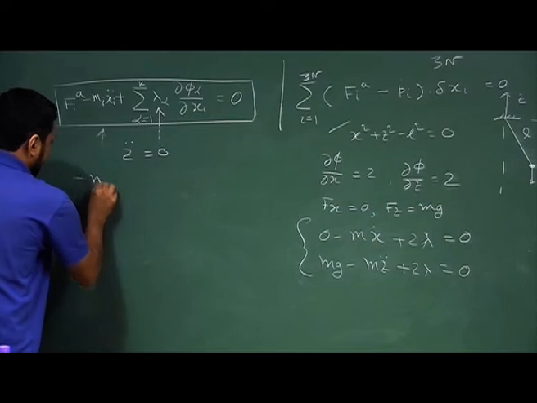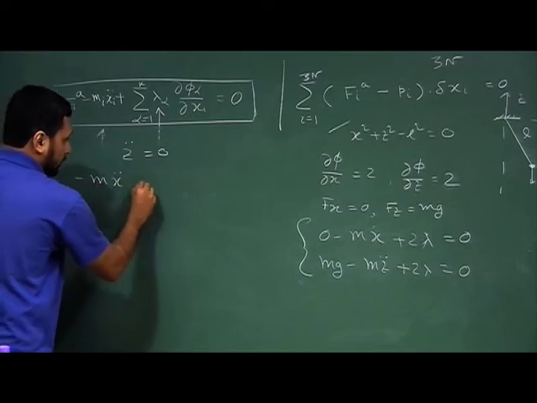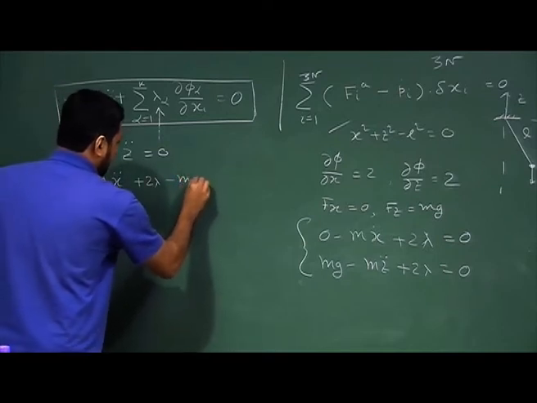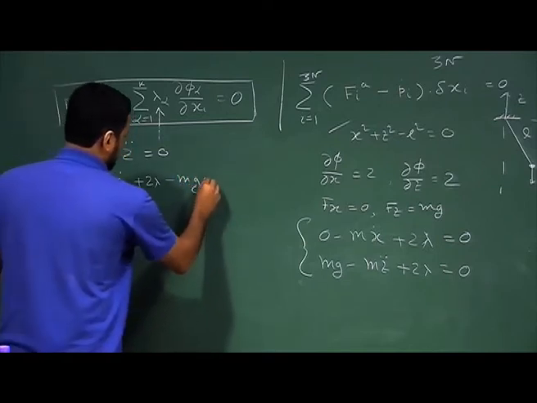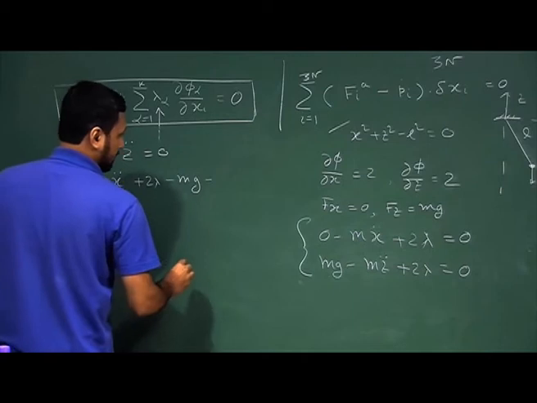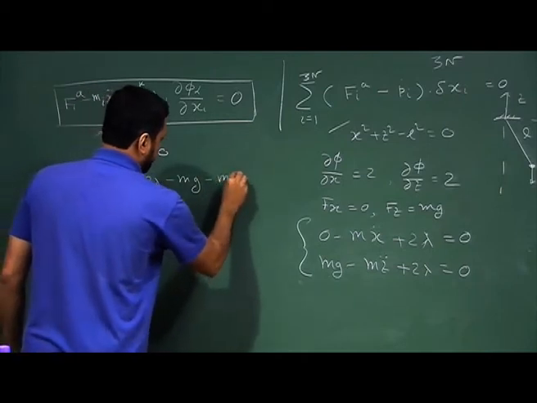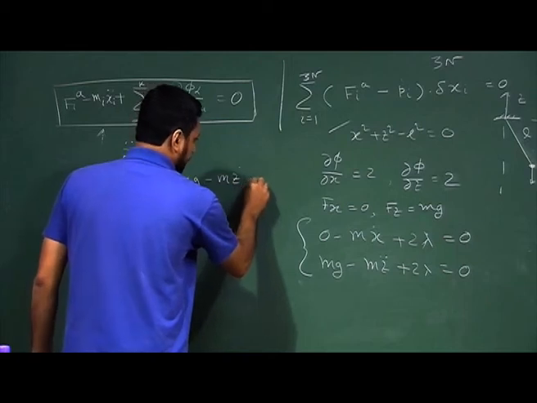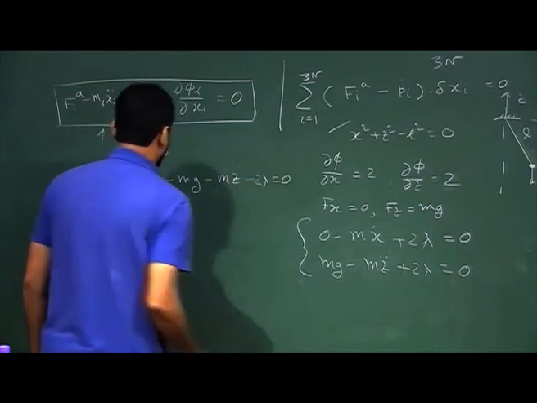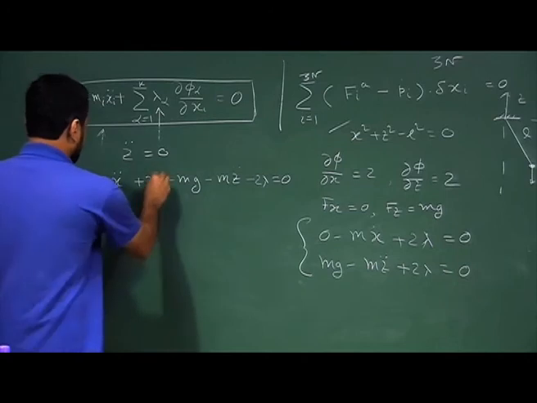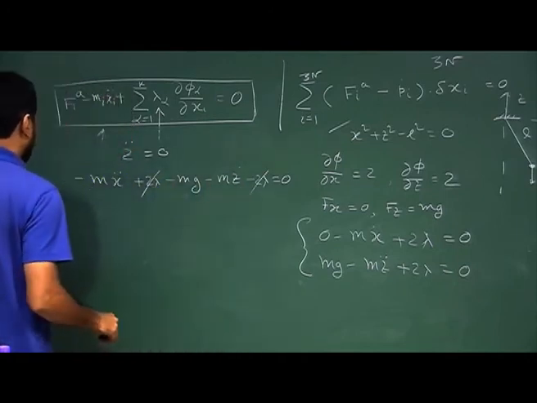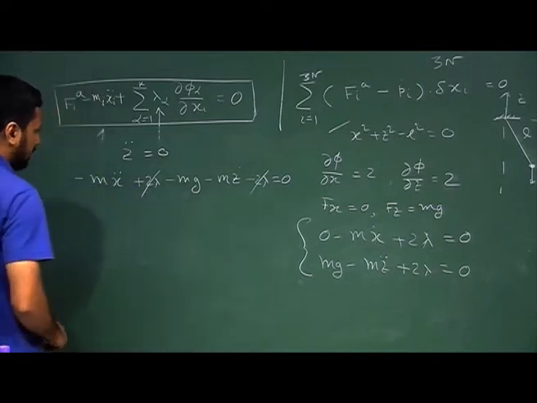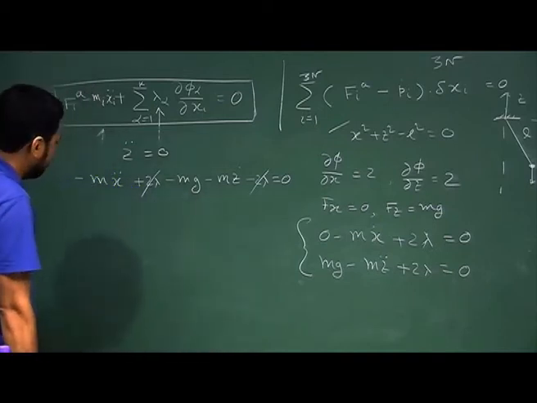So, we have minus m x double dot plus 2 lambda, minus mg minus m z double dot minus 2 lambda, equal to 0. Now, if we do that, 2 lambda goes, and if we put z double dot equal to 0, once again we have a sign issue.